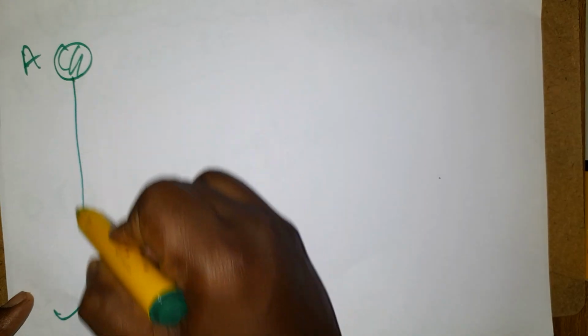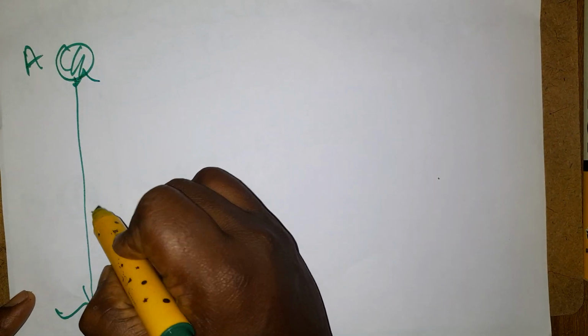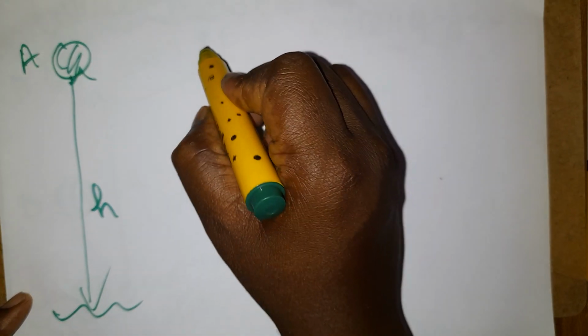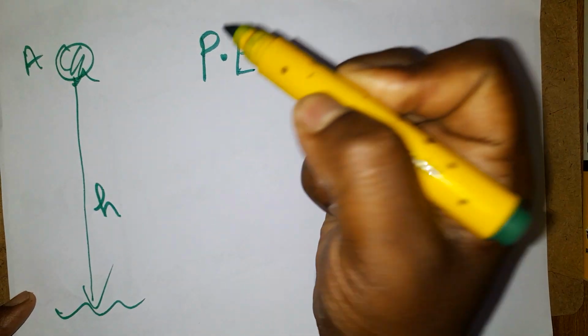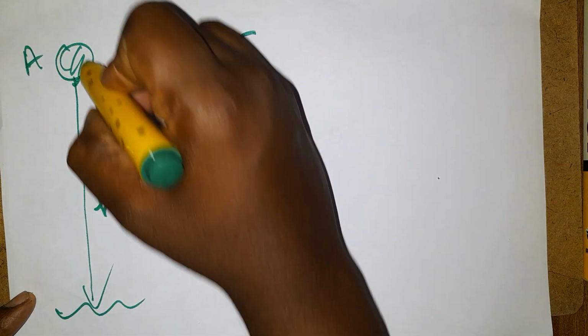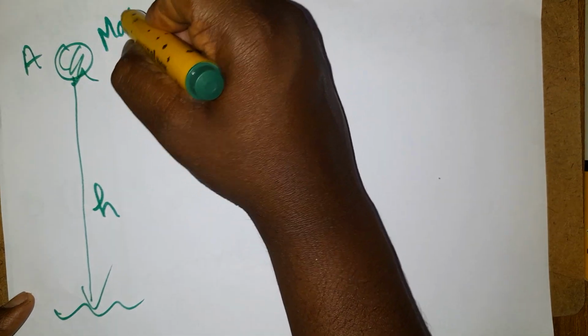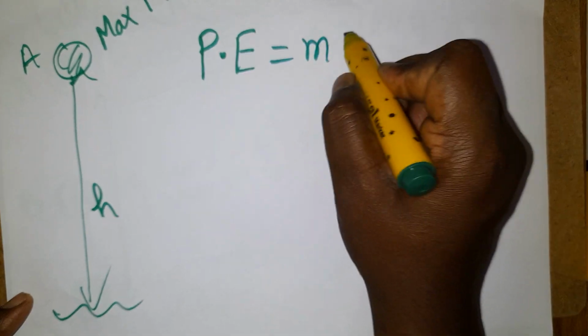Now first we'll take the ball at point A, the maximum point, at some height. What is the potential energy? The potential energy formula is mgh. At point A, it is the maximum potential energy, mgh.